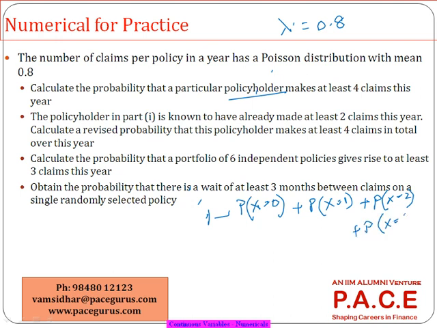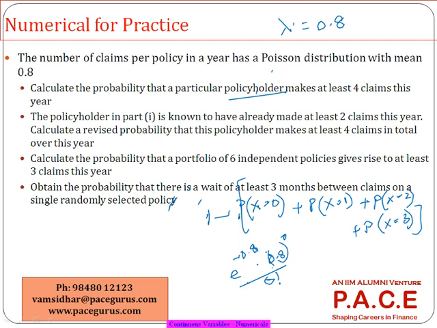What is the probability of any of these claims in a Poisson distribution? e power minus lambda, lambda power x by x factorial. This is the probability for 0 claims. Same thing, put 1 here for the probability of 1 claim, then 2 claims, 3 claims. Whatever number you get, you subtract that from 1, and it will give 4 or more claims. That is the probability.